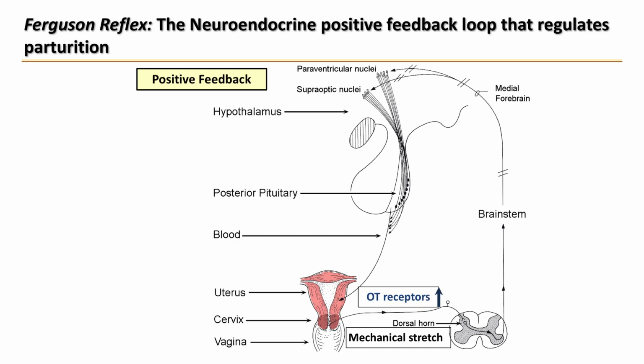These signals are communicated upwards to the PVN and SON, thereby leading to an increased release of oxytocin into the bloodstream. This increased oxytocin then binds with the increasing numbers of oxytocin receptors in the uterus, completing the positive feedback loop. Thus, the more stretch, the more oxytocin receptors are upregulated, the more oxytocin is released, the stronger the contractions.